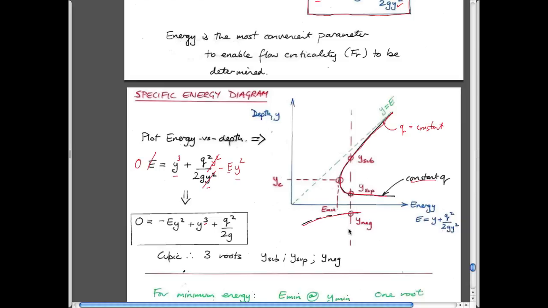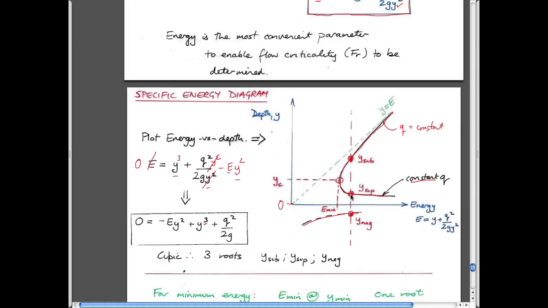Then for any given value of this E, energy parameter, there are 3 roots. One root is here, one root is here, and one root is for negative depth. So this is a depth of 0. And so the punchline is that this negative root, I don't really know what it means, but it's not relevant to us. But these other 2 roots are the potential depths at which flow could occur.